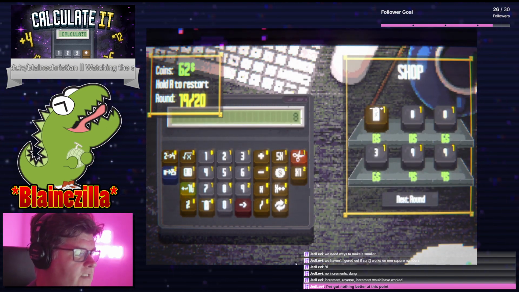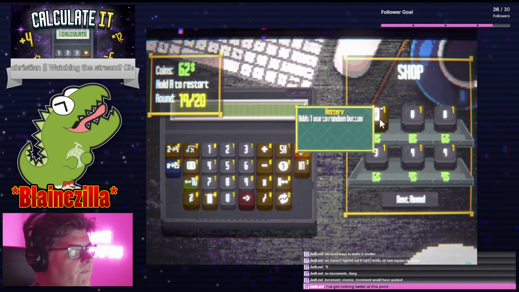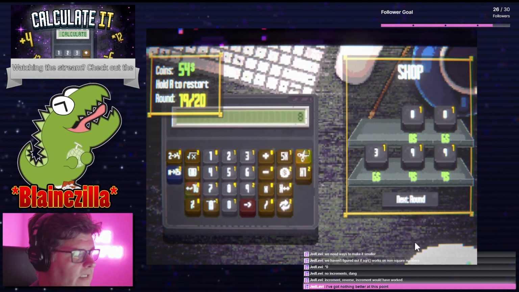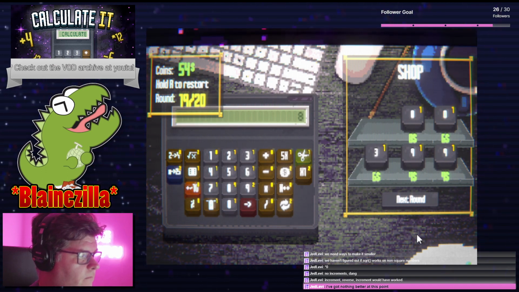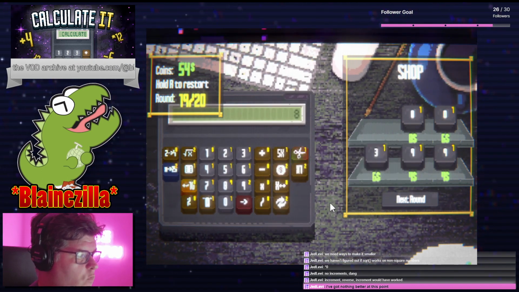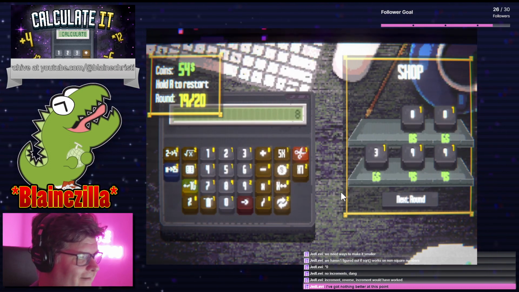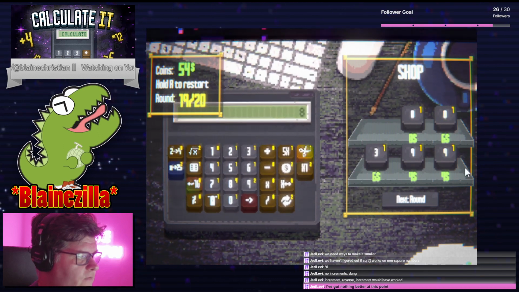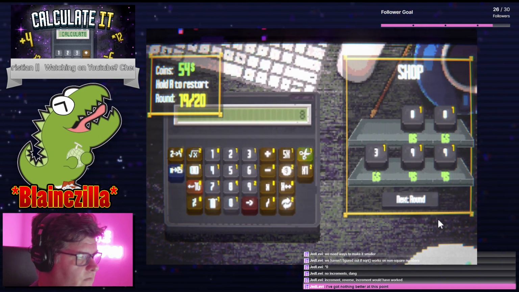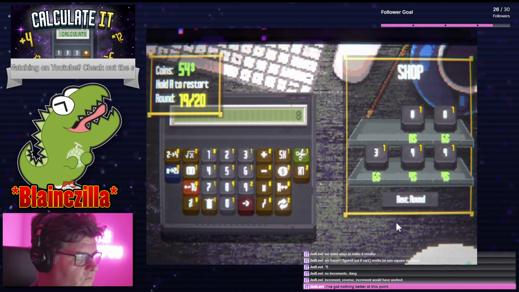I see no reason maybe not to buy. There's no operations. We have to get this battery to get a random operation. We basically have plus 54. An additional 3, a 9, or a 0 I don't think does us any favors. We have our magic reroll in case we need it.